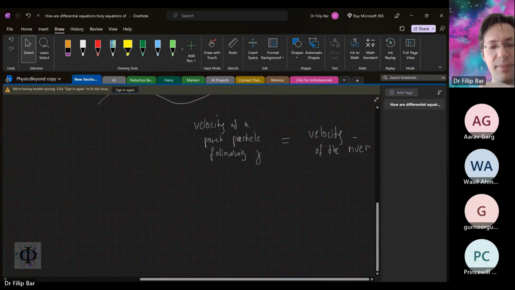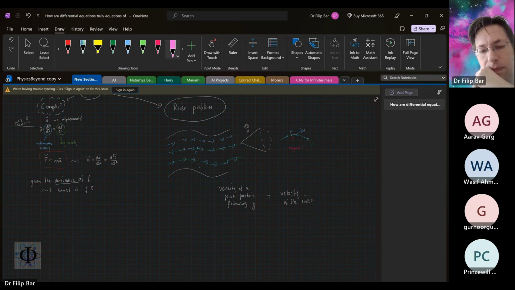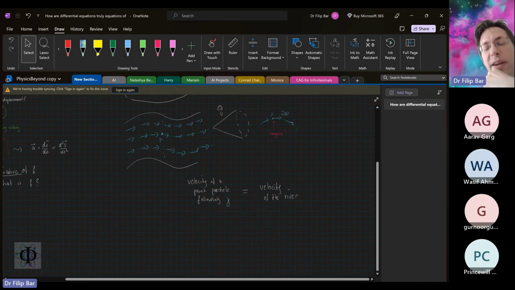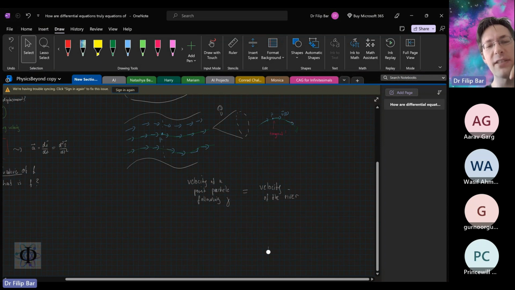What would that be mathematically? That is what is called a vector field, right?